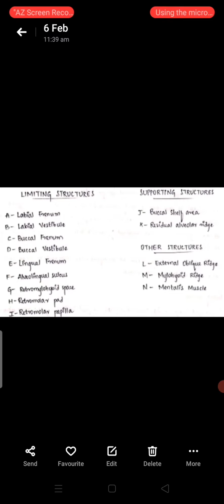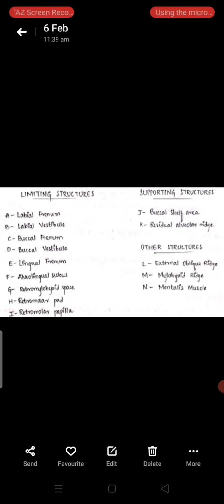Anteriorly there is the labial frenum and labial vestibule. Buccally there is the buccal frenum and buccal vestibule, and lingually there is the lingual frenum and alveolo-lingual sulcus, which is a vestibule. Next, posterior limiting structures are the retromylohyoid space, retromolar pad, and retromolar papilla.